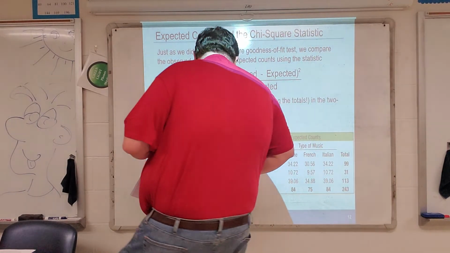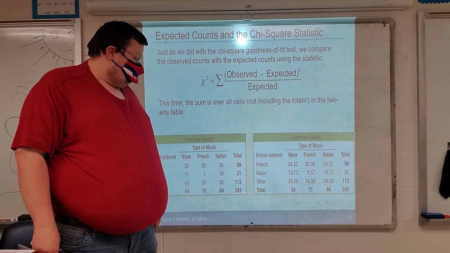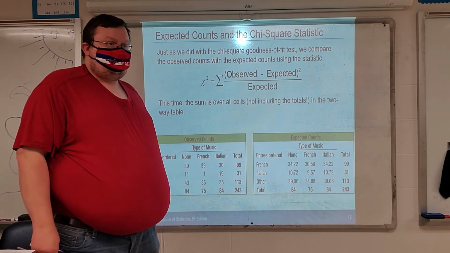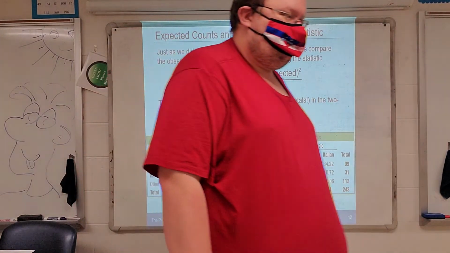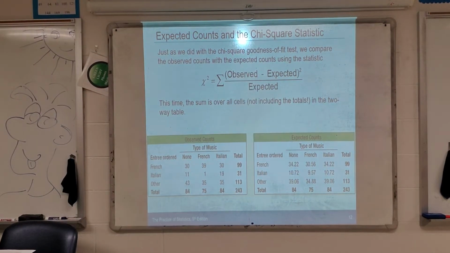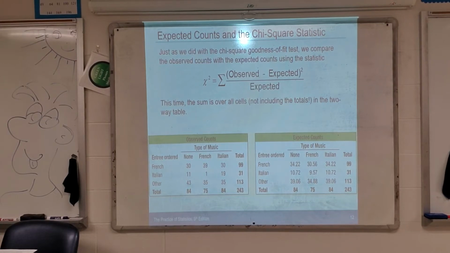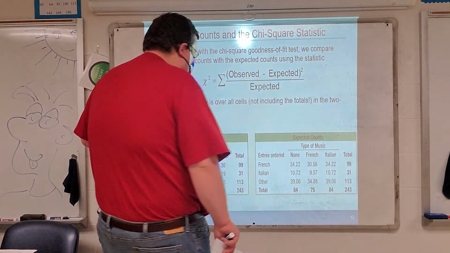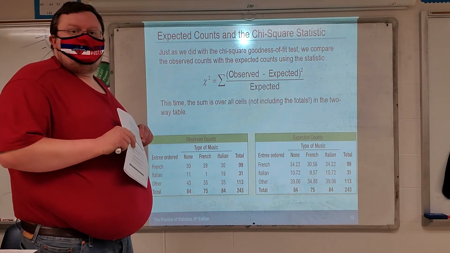I get 775 over 81. I would have to change that to a decimal, correct? Yes. Math 1 is to a fraction, but Math 2 is back to a decimal.